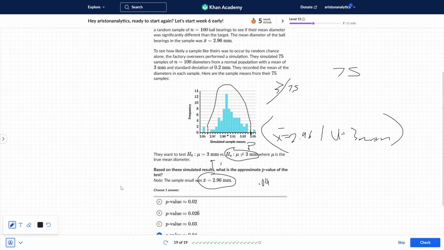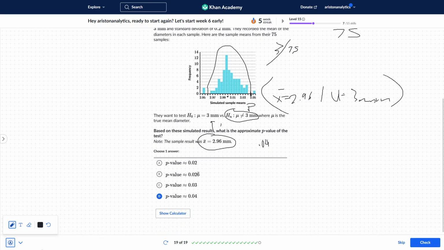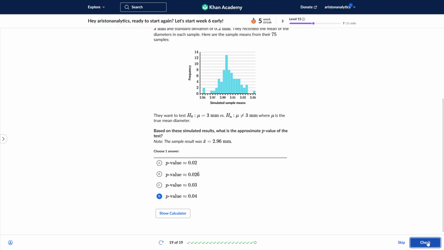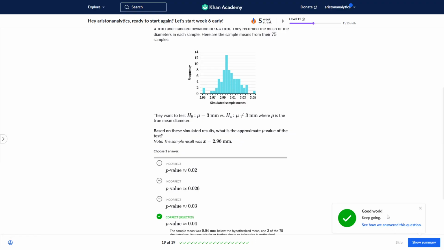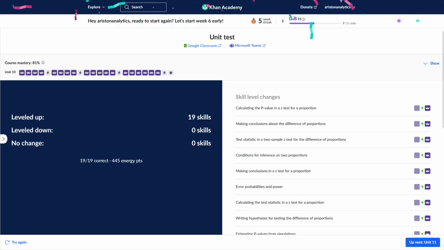Oh, the standard deviation is 0.2. Okay, we'll go with that. Yeah, perfect. Ooh, that is satisfying.